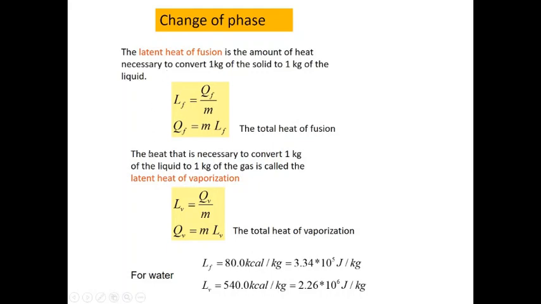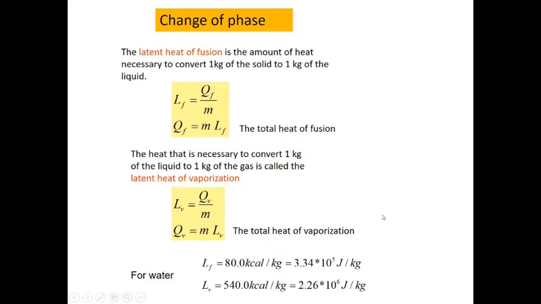And the same thing we can say about latent heat of vaporization, LV. Latent heat of vaporization is QV divided by M, or QV is mLV. So QV is heat of vaporization, LV is latent heat of vaporization, M is mass. So what does this mean? This formula means that, for example, water's latent heat of vaporization is 540 kilocalories per kilogram.